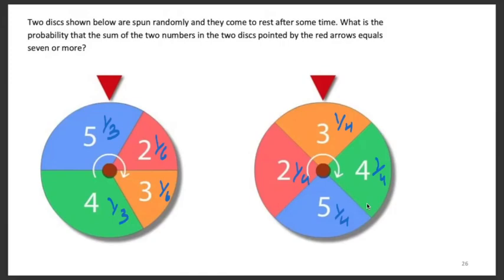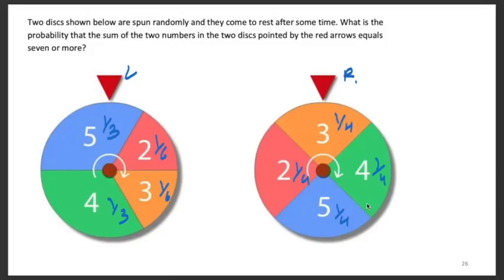Say, for example, in the left disk and right disk, if I name it like that, in the left disk 5 is occupying 1/3 of the area, which means the probability of getting 5 is more than other numbers like 2 and 3. Versus the right disk, all the areas are equal, so all the probabilities will be the same.